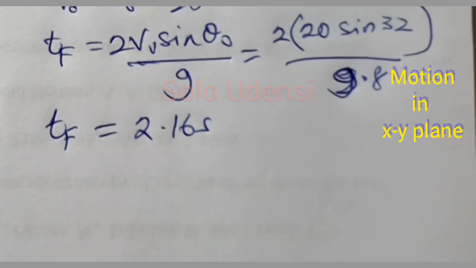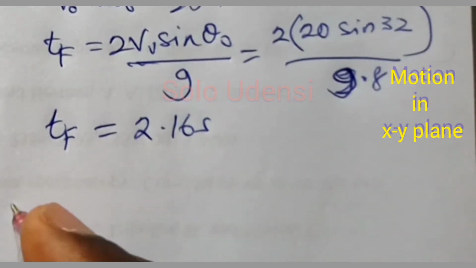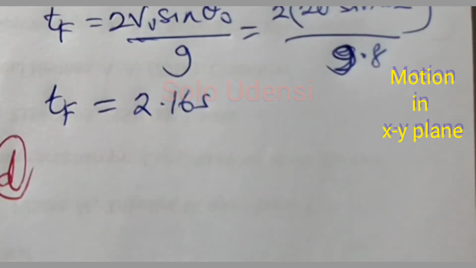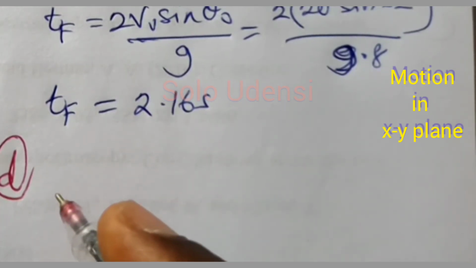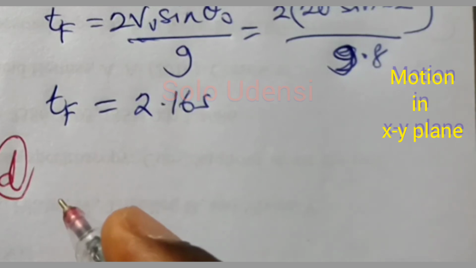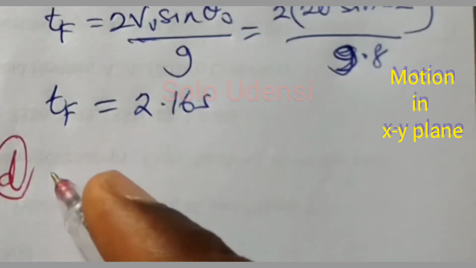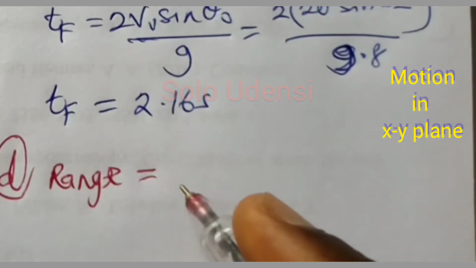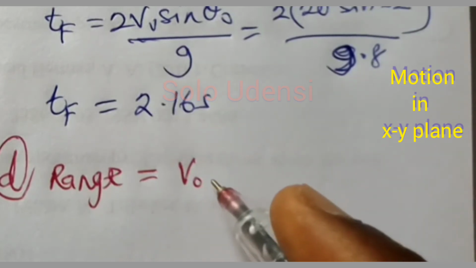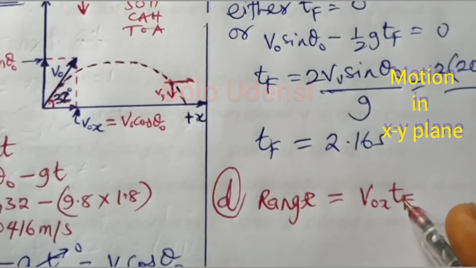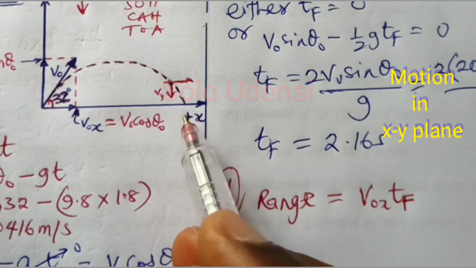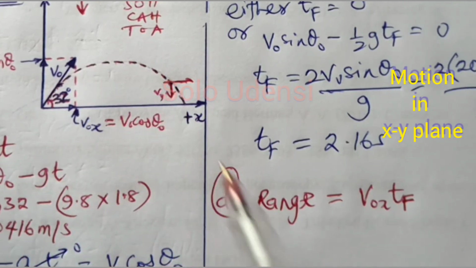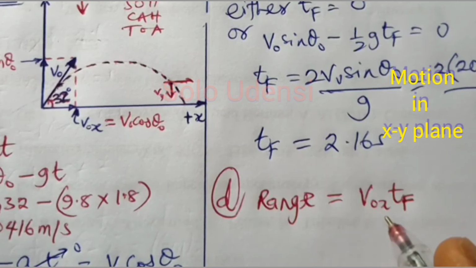Let us quickly round this up by doing the last one, the D part of the problem. The range is the maximum horizontal distance. We have seen that in projectile motion the horizontal component of velocity is constant. So the range is equal to v naught x times t f, because by the time it lands on the ground, it has flown the maximum range and come back to the elevation where it took off.